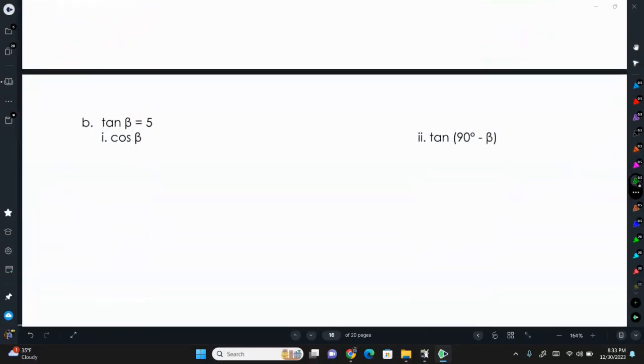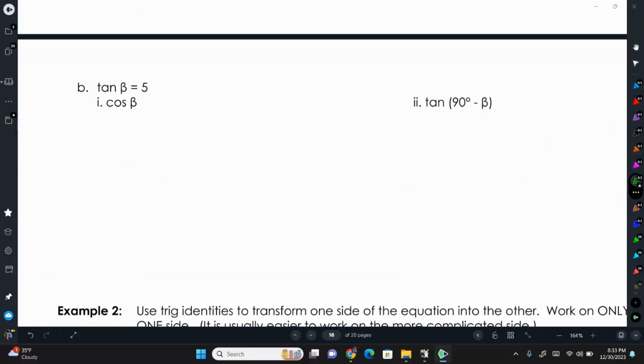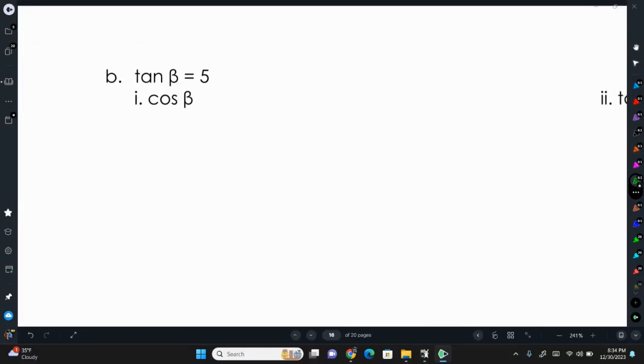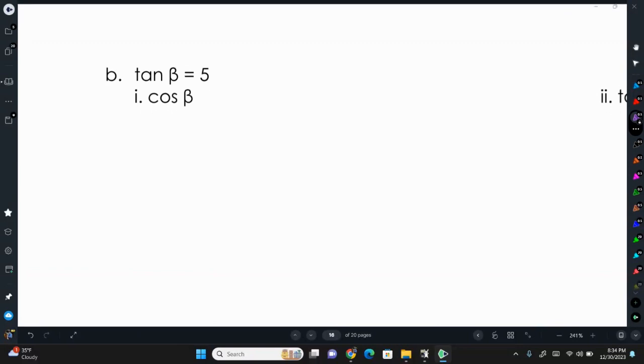All right, now on the next page, we have the tangent of our angle is 5. I want the cosine of b, and I want the tangent of 90 degrees minus b. Well, the cosine, we're going to have to do a little bit of work with that.